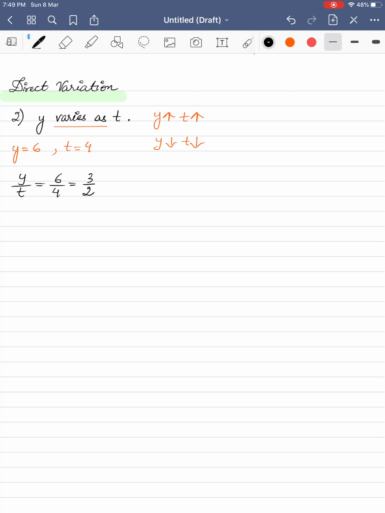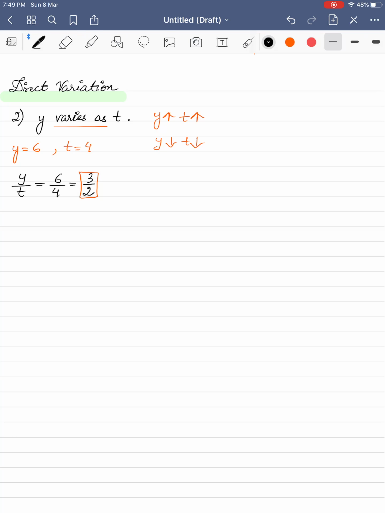Now, this ratio is known as the constant because however the value of y increases or however the value of t increases correspondingly, when the two values are divided, they will always have the ratio 3 by 2.